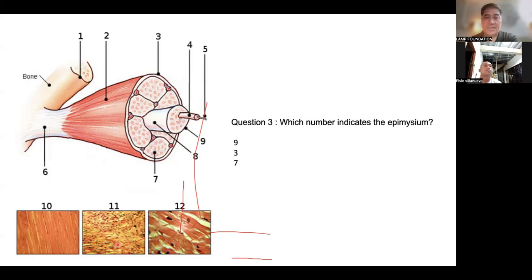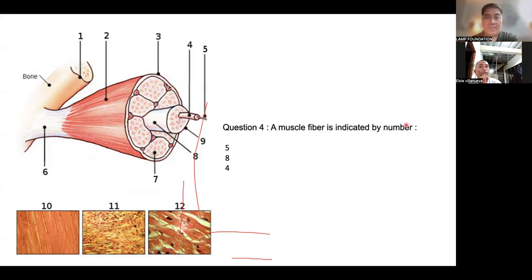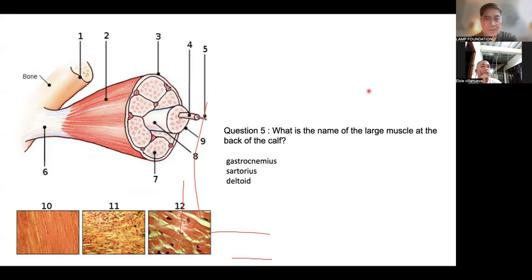Which number indicates the epimysium? Number 3. A muscle fiber is indicated by what number? Number 4.